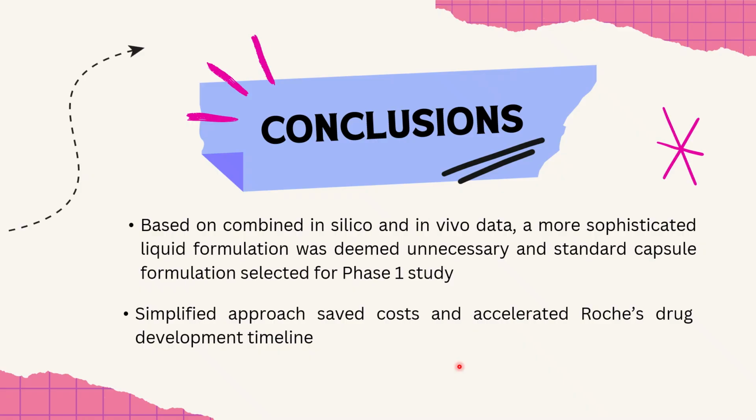So this approach not only saved cost, but also accelerated Roche's drug development timeline. It was a great example to show how a simpler approach can yield effective outcomes, saving a lot of time and money.